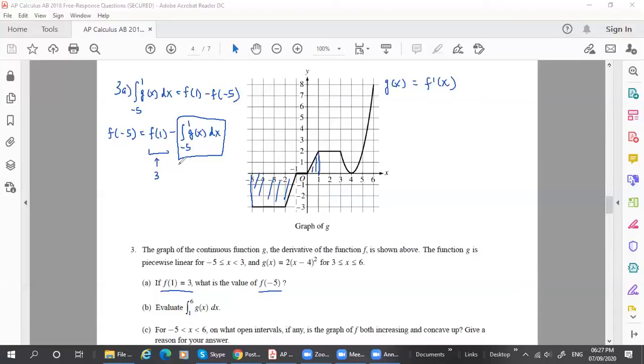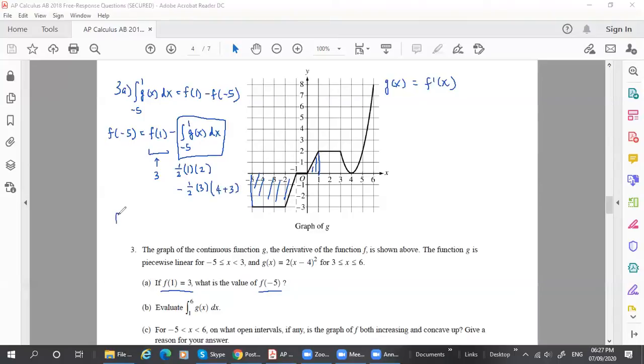Now the area of a triangle is half of base times height, which is 1 and 2 here, and you need to subtract the area of the trapezium. So you have half of the height, which equals 3, and then you need to add 4 to 3 here.